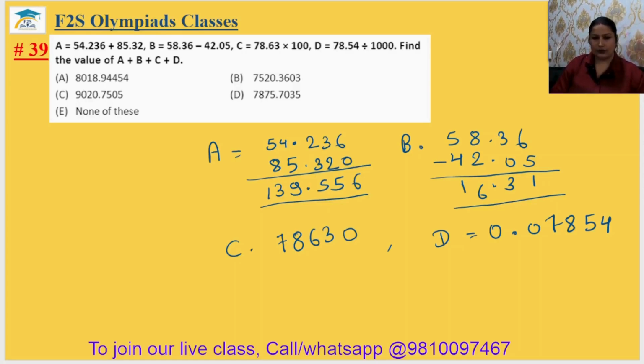Okay. Actually this will be 7863. I wrote extra 0 here. It should be 78.63 multiplied by 100. So it should be 7863. Yes. Now when you add all these numbers, so you will get 8018.744454. 39th answer will be option A.